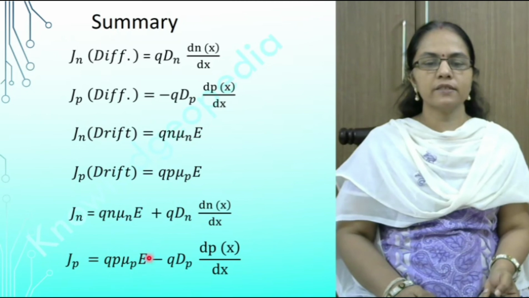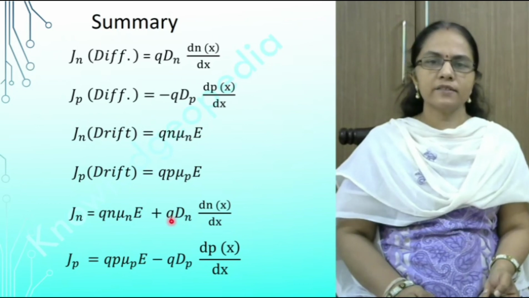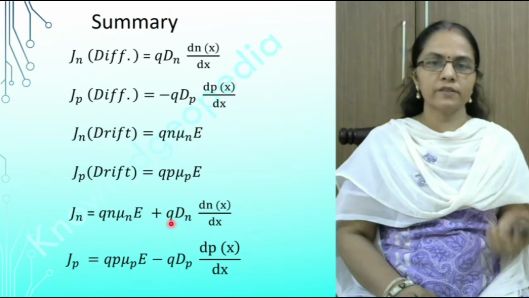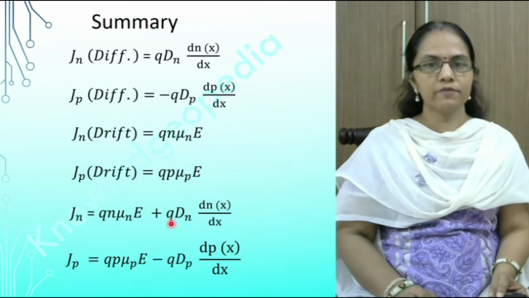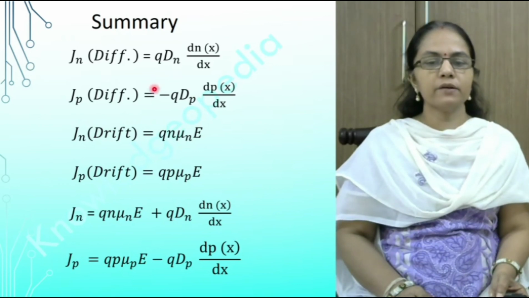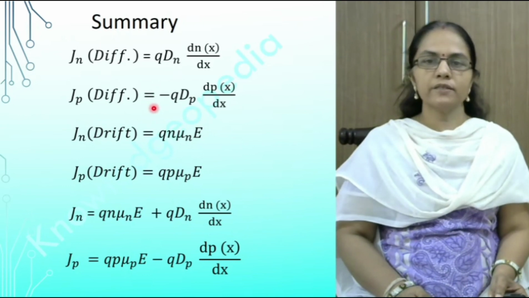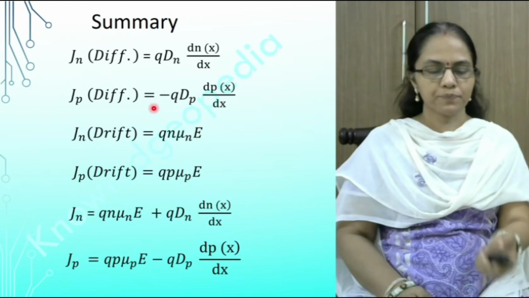Here the first term is due to drift and the second one is due to diffusion. These are the most important equations you will be using in your further calculations in semiconductor physics, so you need to remember all of them: the different current components due to drift and diffusion of electrons and holes.